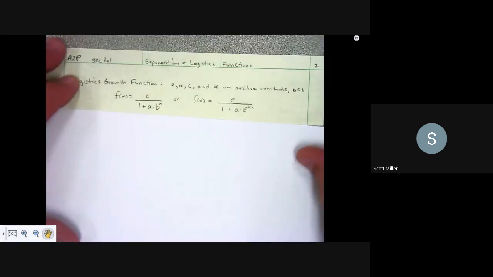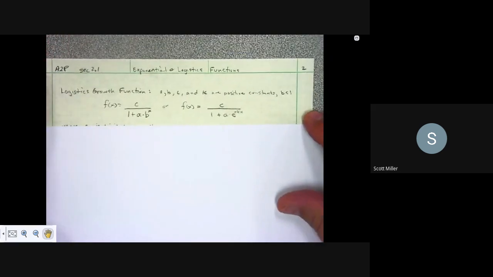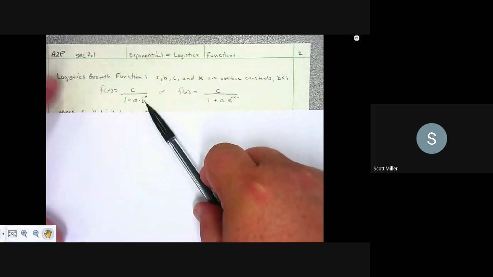All right, I'm going to move on. So what is the logistics growth function? They look like this. A, B, C, K are positive constants. B is less than 1. So if B is less than 1, then B is like a fraction.